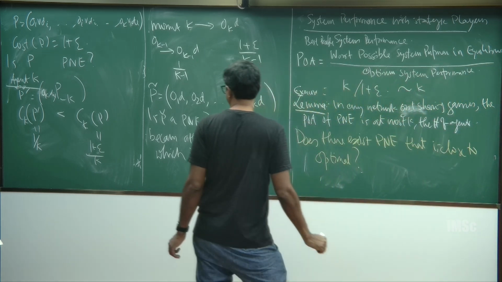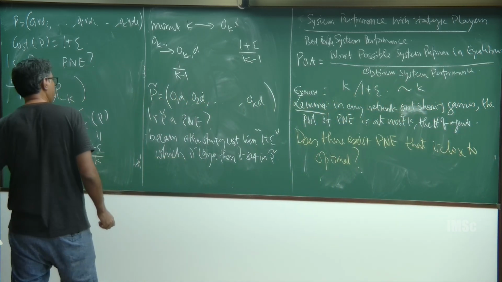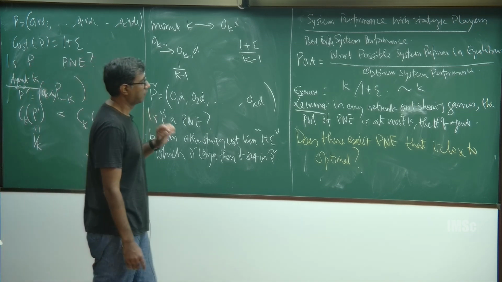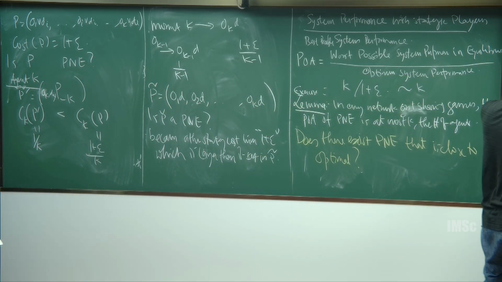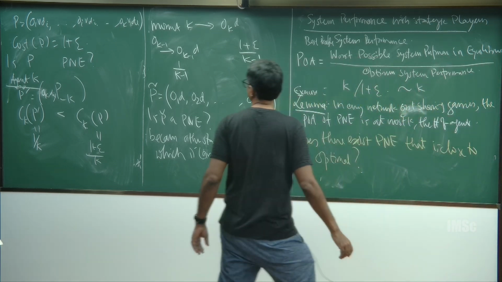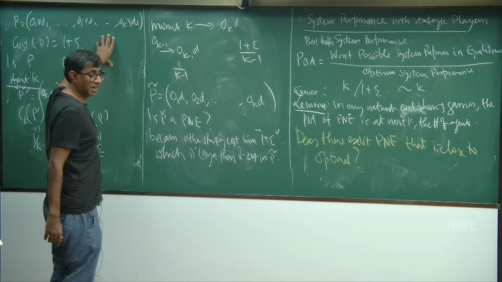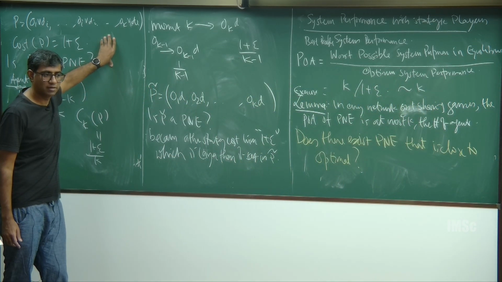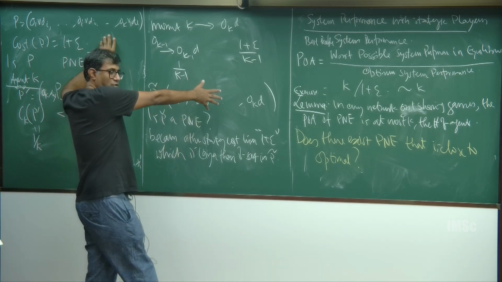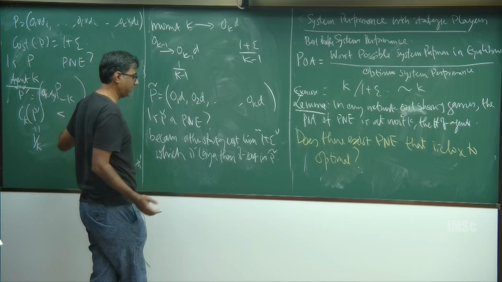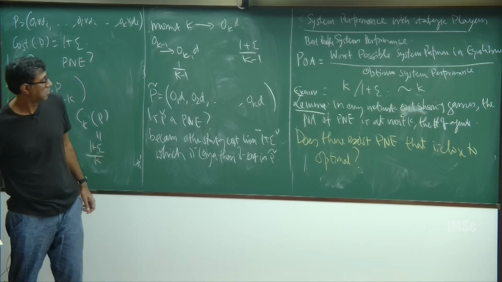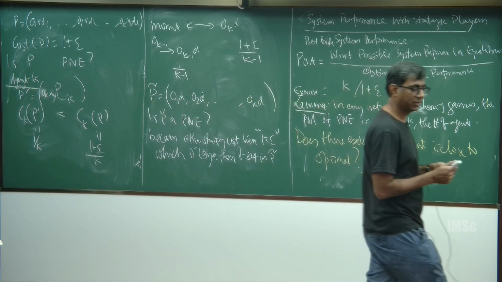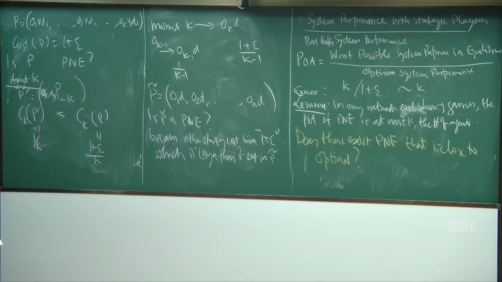So, notice here that at least it gives us some intuition. So, we came up with this opting out example, where the optimum cost is like 1 plus epsilon, but it is not a pure Nash equilibrium, and we did find a pure Nash equilibrium, but then its cost is ln n. So, in this situation, what will be POA in your example? What is the price of anarchy here?